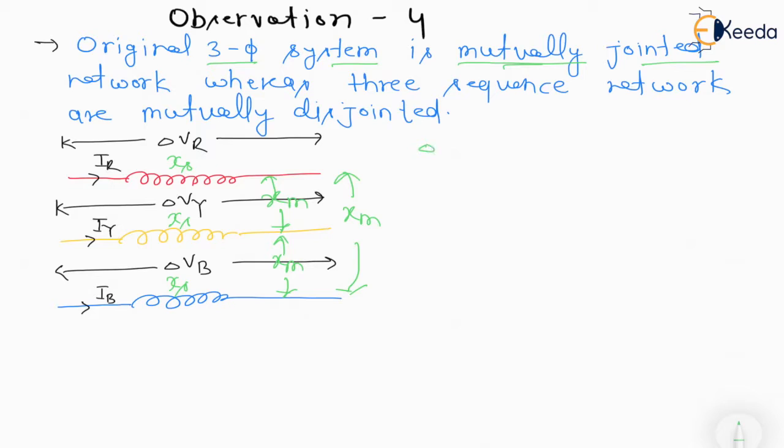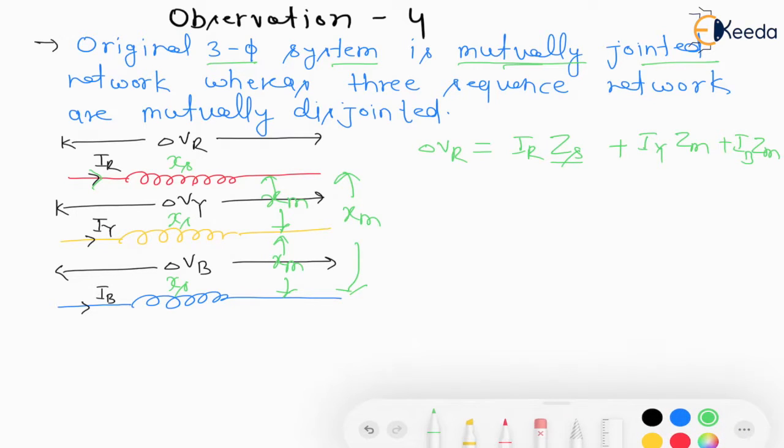Whenever we write the value of delta VR, we can write IR into Zs, meaning due to current IR a self impedance Zs will develop, plus due to phase Y a mutual impedance Zm, plus due to phase B a mutual impedance Zm.